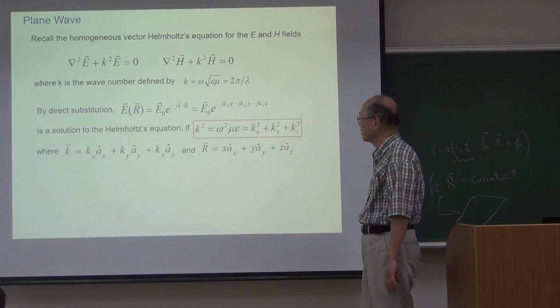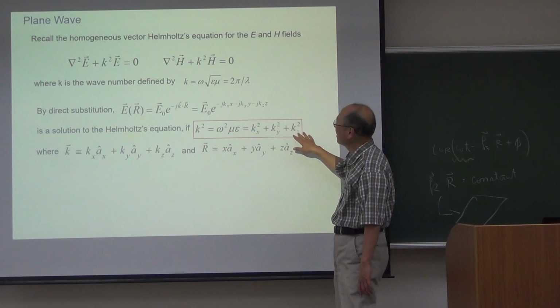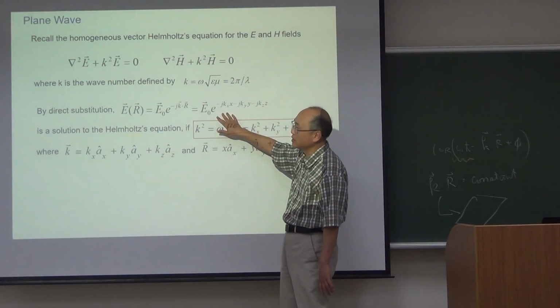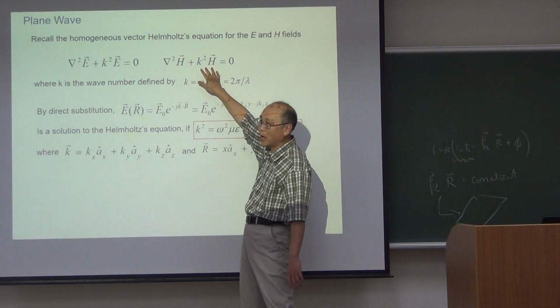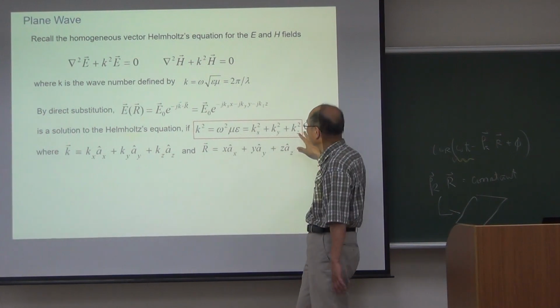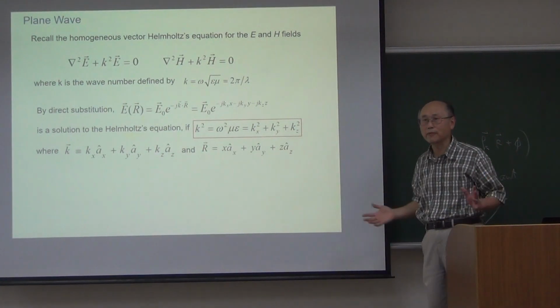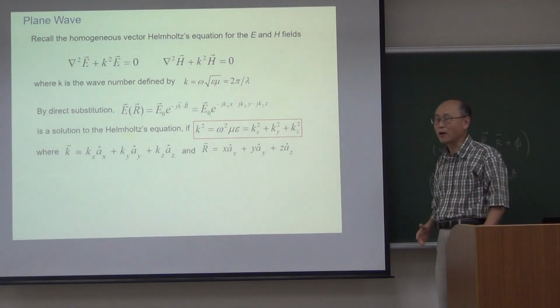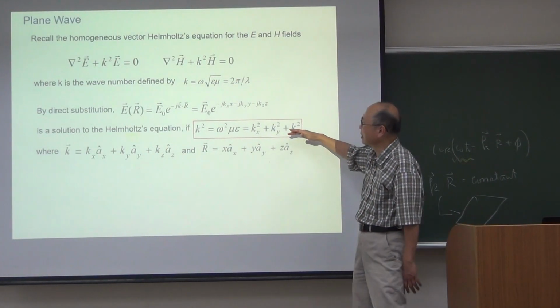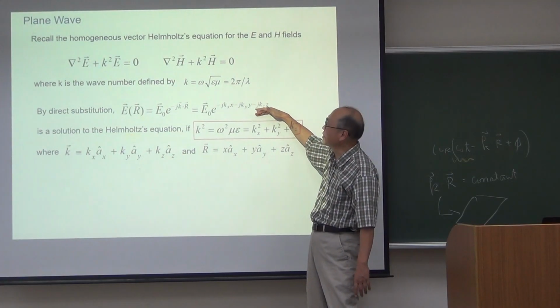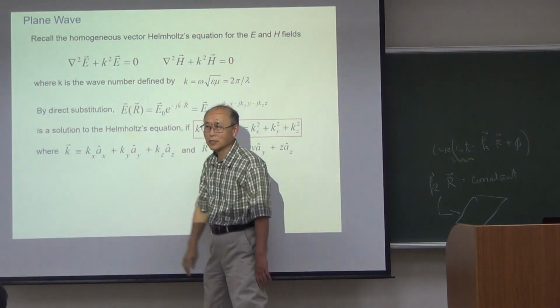With these three components for this k vector, this means that if this is indeed a solution, then you put it into the Helmholtz equation, and there's a condition that needs to be satisfied. That is, k squared has to be the sum of the squares of the three components. So this is a condition for this to be a solution of this expression.